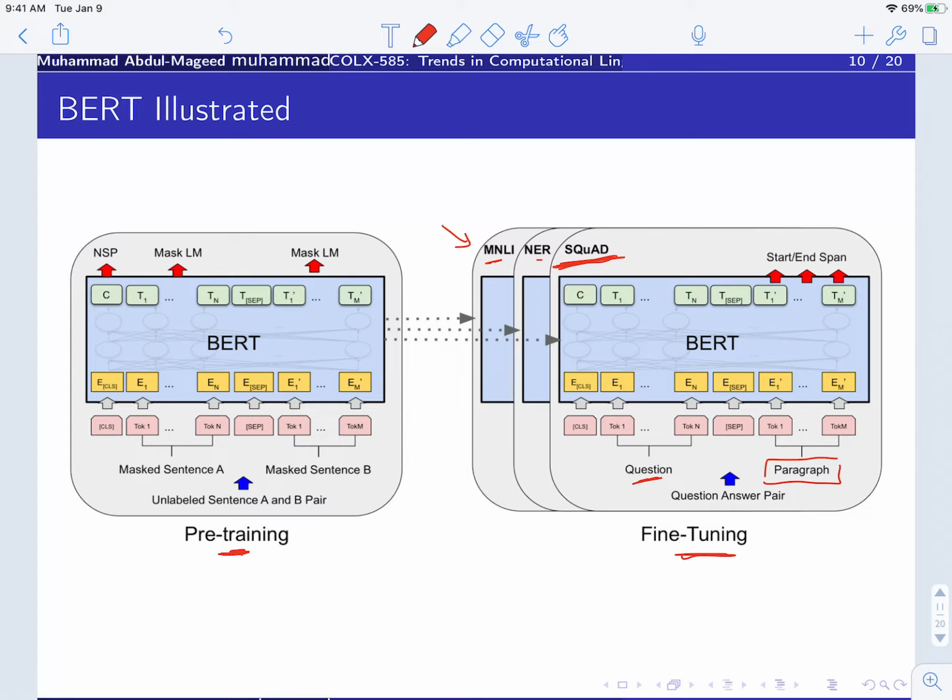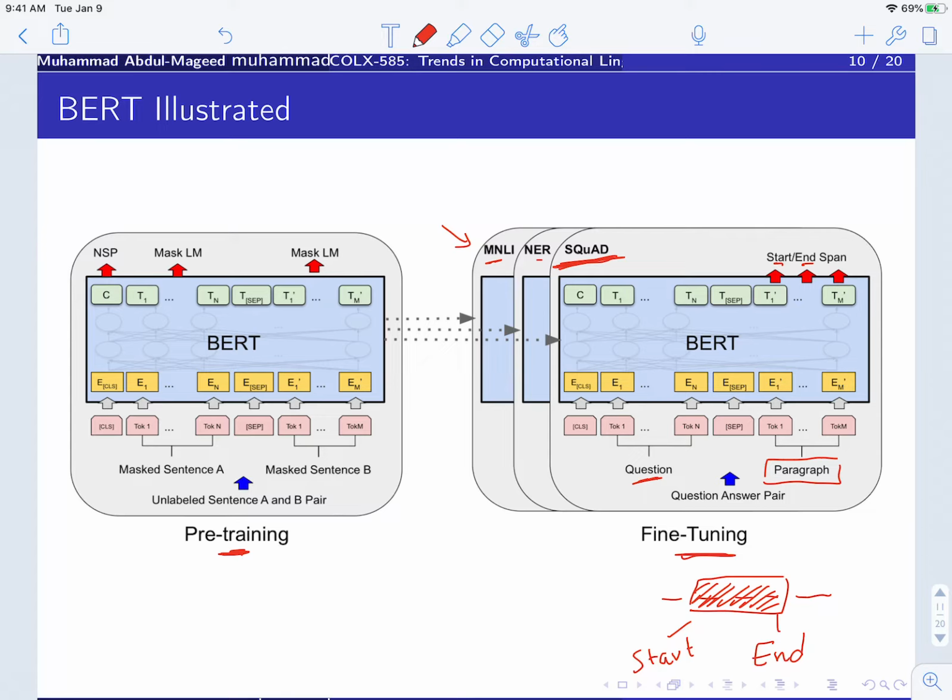And the idea is that the answers will come from the paragraph. So the paragraph is running like this, and the answer is this span of the text. So you need to know the start of the span and then the end of the span. And by knowing that, you know the whole span, right? So that's the answer basically. This is why you see like start and end span here.